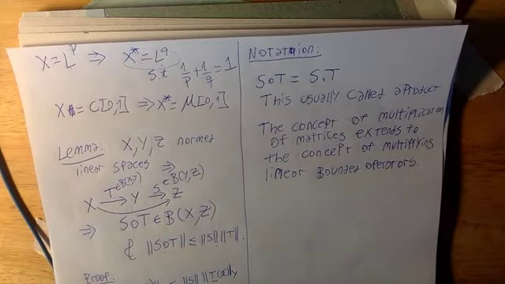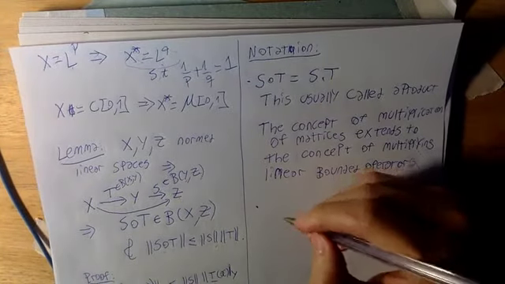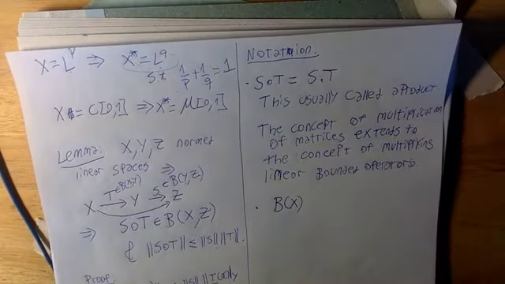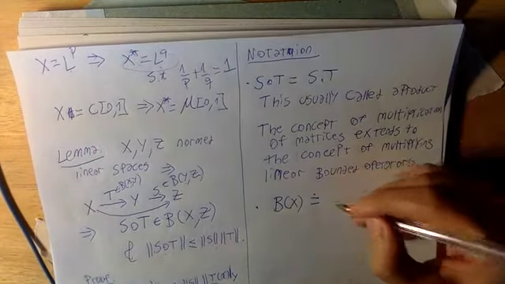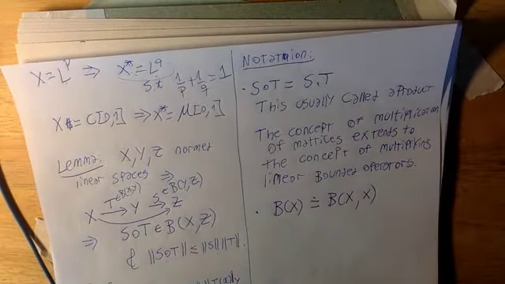And so in particular, this is one thing of notation. Another thing of notation is that we are going to denote by B(X) all the linear transformations of X onto itself.